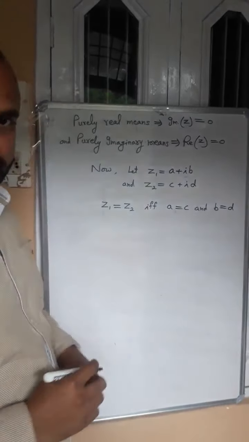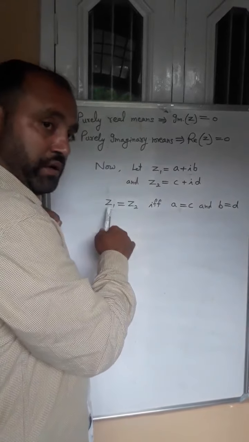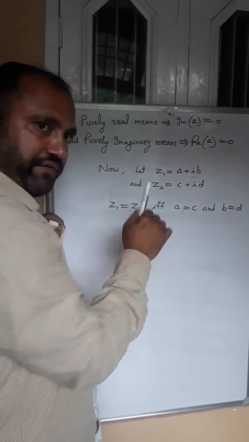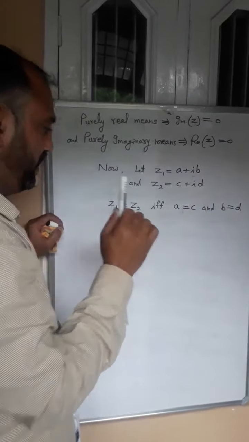That is, real part is equal to real part and imaginary part is equal to imaginary part. So whenever two complex numbers are equal, it is if and only if a is equal to c and b is equal to d, right?